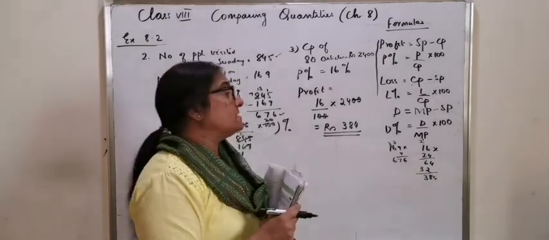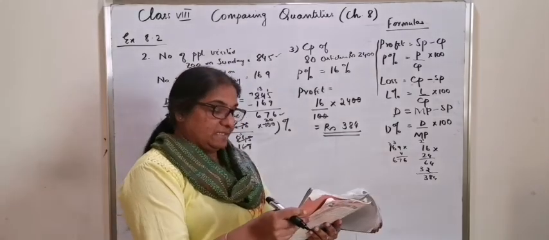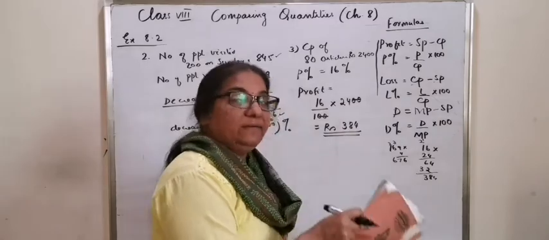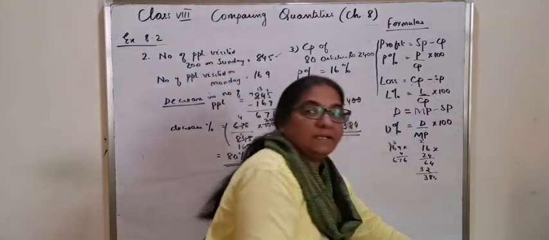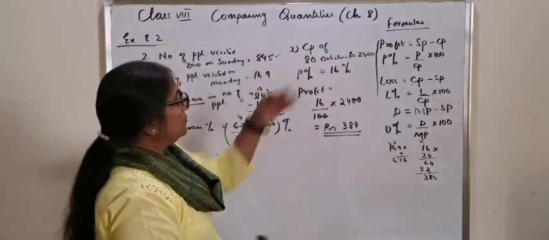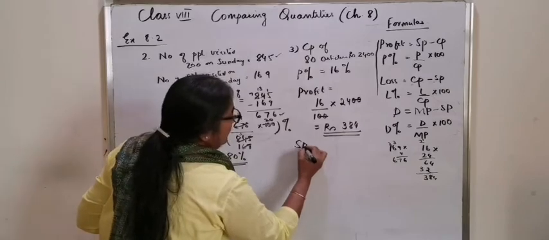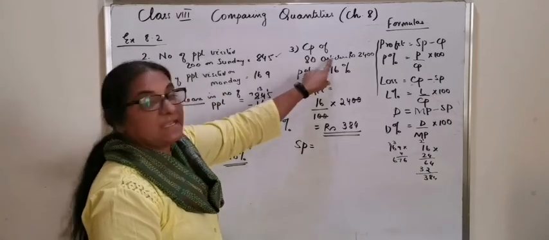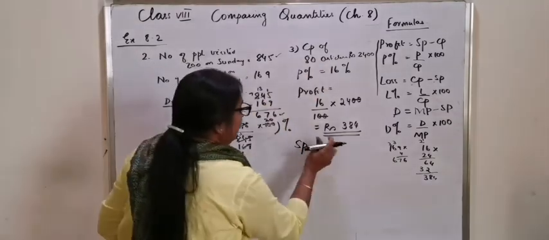So the question is, find the selling price of one article. After making the profit, you can calculate what will be the selling price of these 80 articles.